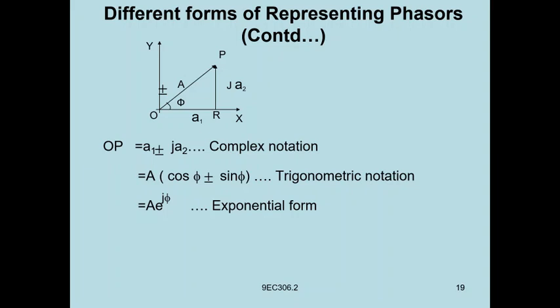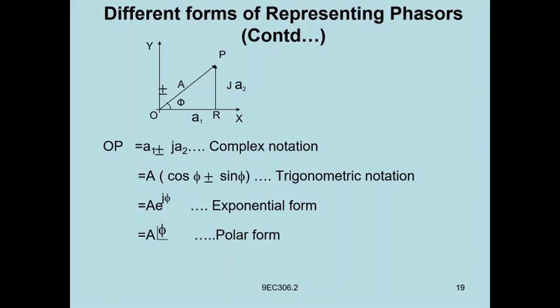And the third one is A e to the power of j phi, that is exponential form. And the fourth one is A at an angle phi, that is polar form. So, any sinusoidal signal can be represented in rectangular form, trigonometrical form, exponential form, polar form. These are very important for doing problems in future.